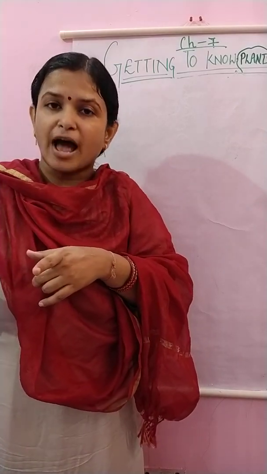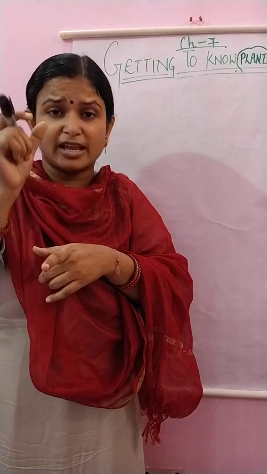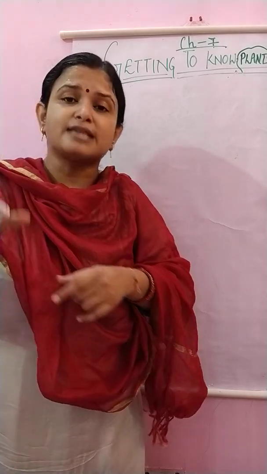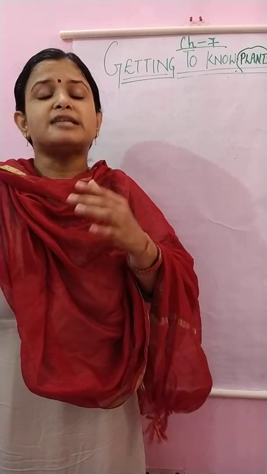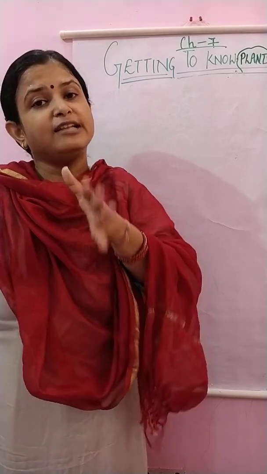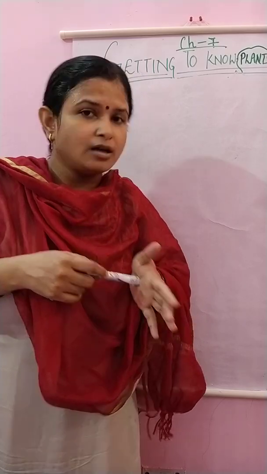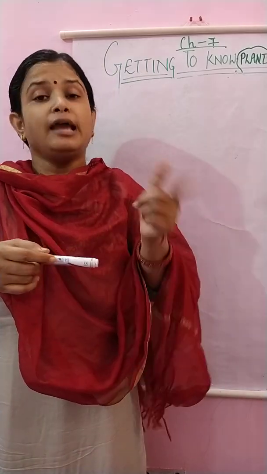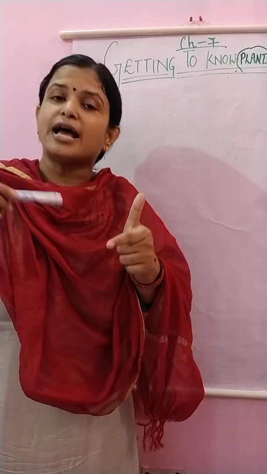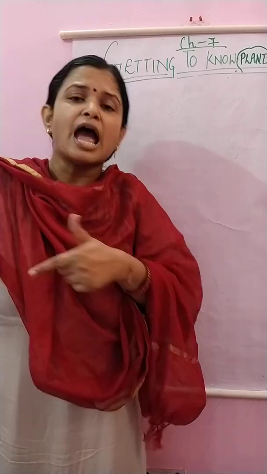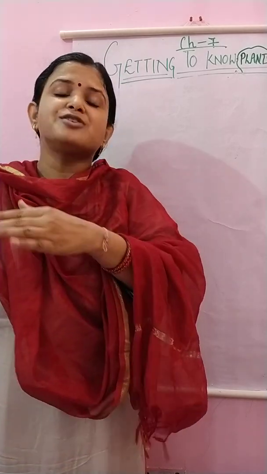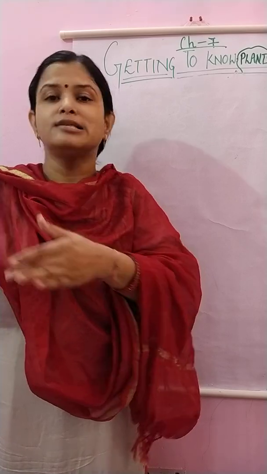Shrubs, not very thick but hard. And trees, stems are very thick and hard. Branches in case of herbs, mostly no branches. In case of shrubs, branches from the base of the stem, and in case of trees, branches at the upper part of the stem.